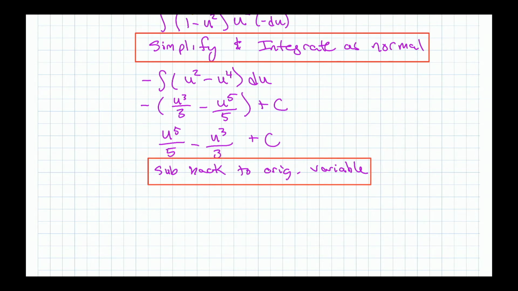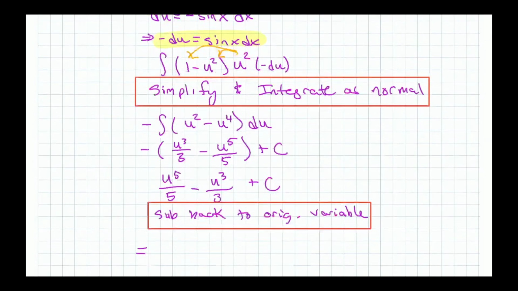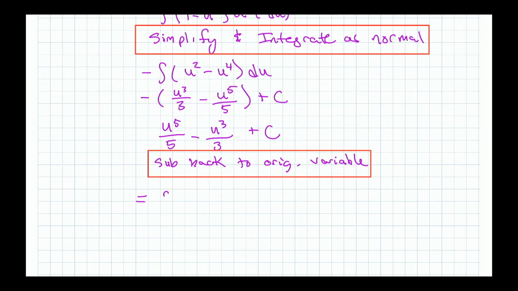Okay, so all we got to do is write our answer then. So it's going to be u to the fifth. What's u? Cosine x. So cosine to the fifth x over 5 minus cosine cubed x over 3 plus a constant. And that is going to be my answer.